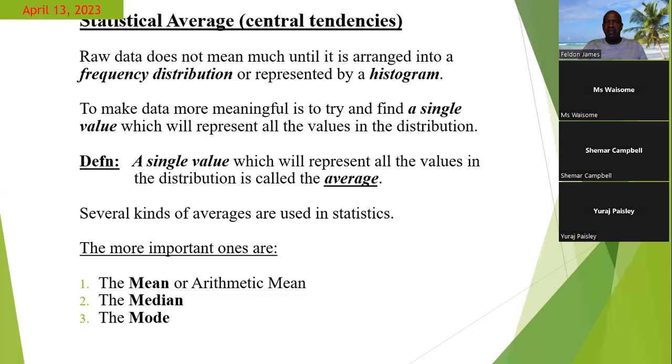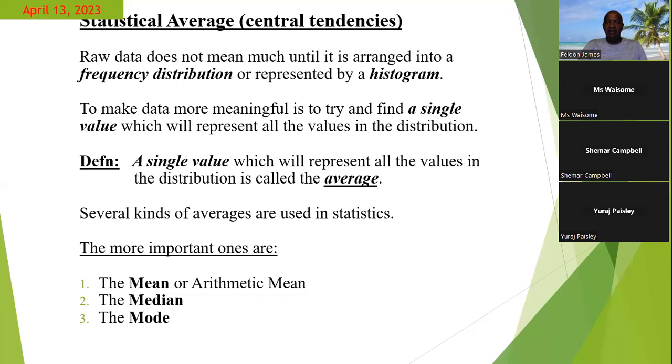All right. So we say raw data does not mean much until it is arranged into a frequency distribution, or represented by a histogram. To make data more meaningful, we try to find a single value which will represent all the values in the distribution.